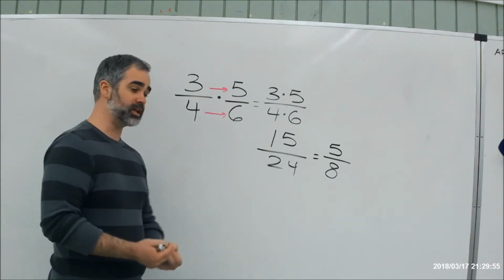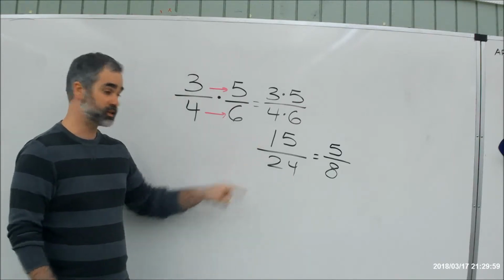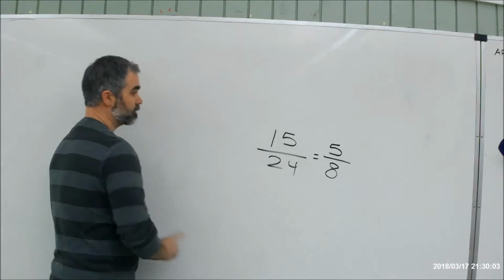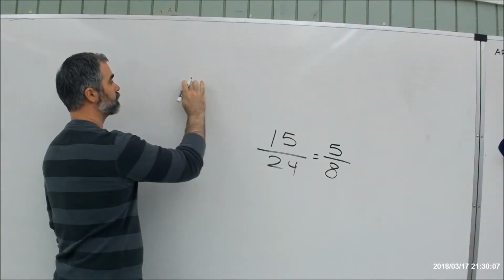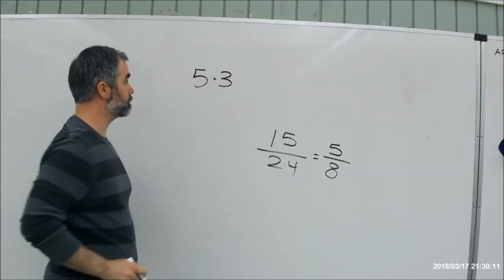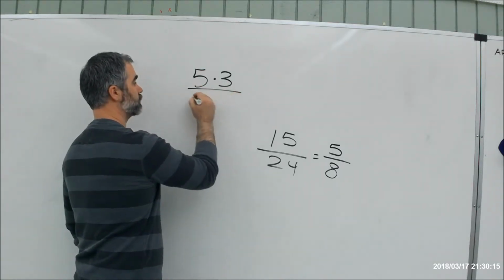And factoring simply means to find the two numbers that multiply together to give us these. So let's look at what that would be. The factors of 15, they're 5 and 3. The factors of 24, there's a bunch of them, but the one that we're interested in is 8 and 3.